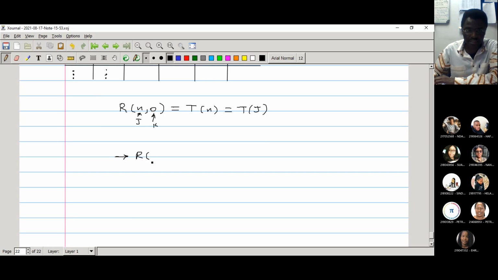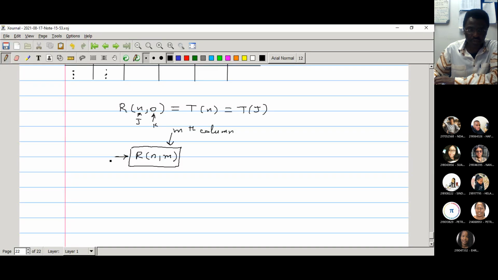This is R, N, M. Right? This is what I want to compute. So the column here is M. So it's a M column.